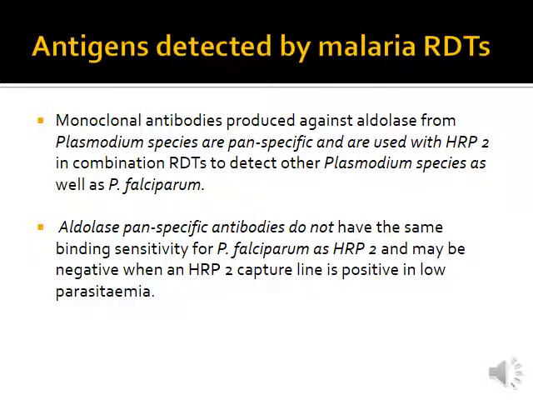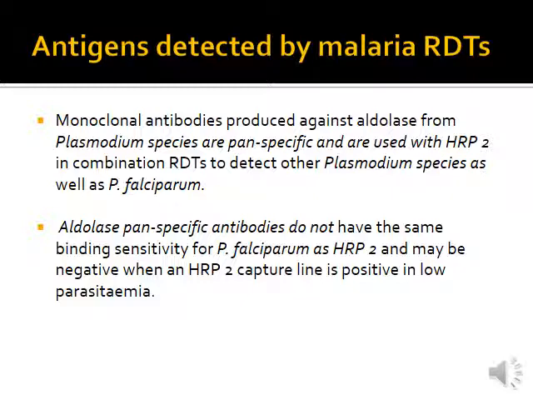Next we come to aldolase. Monoclonal antibodies produced against aldolase from Plasmodium species are pan-specific and are used with histidine-rich protein 2 in combination RDTs to detect other Plasmodium species as well as Plasmodium falciparum.